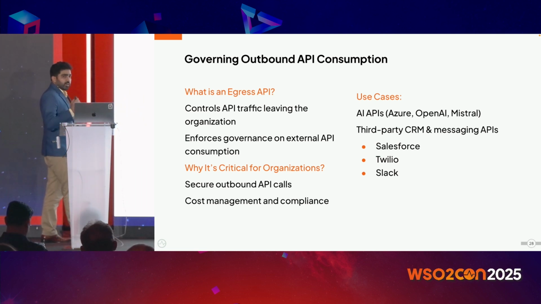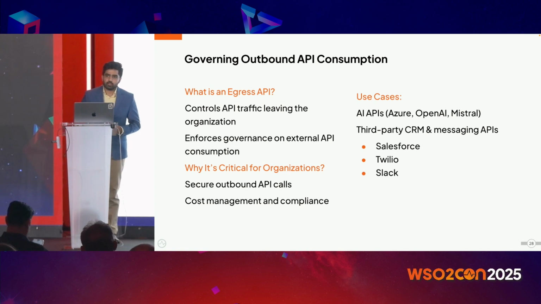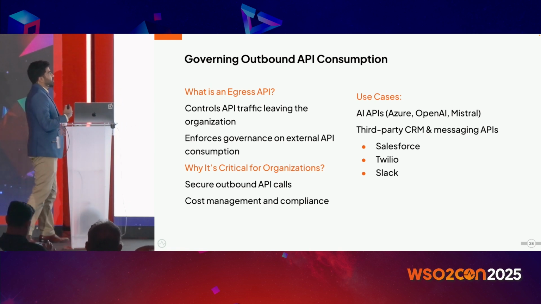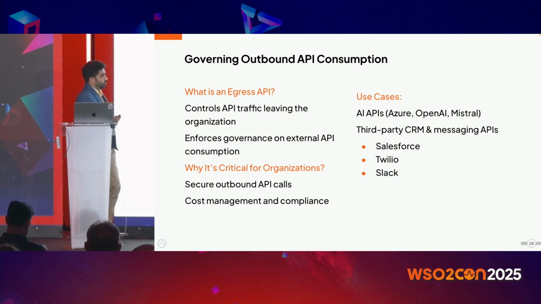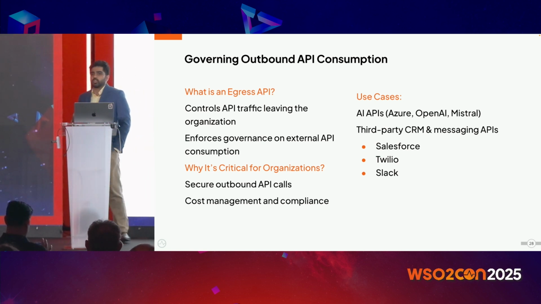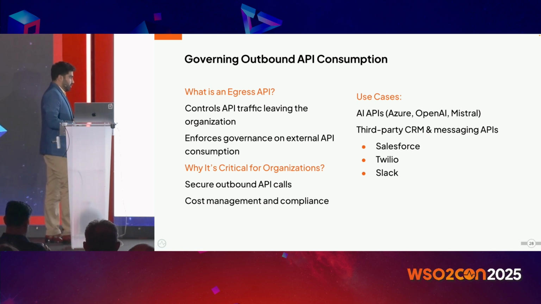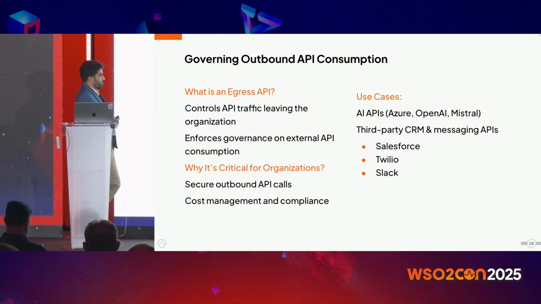So that's how we identified this requirement, and many customers have come and spoken with us. Therefore, we have gone ahead with this approach where we assist you in governing these calls that are going out and applying governance and management to them.